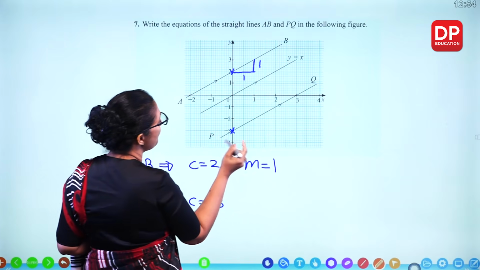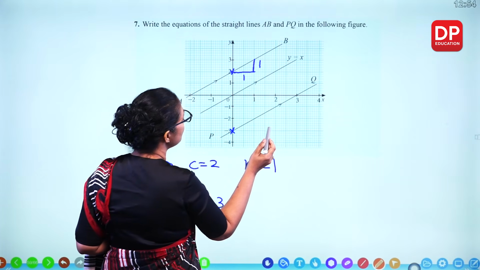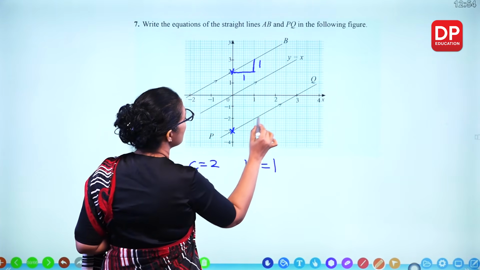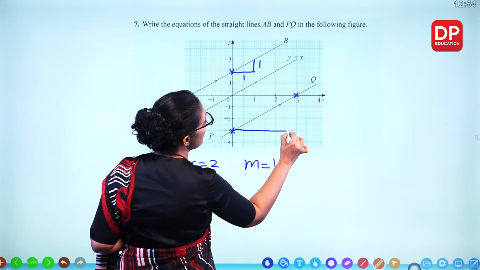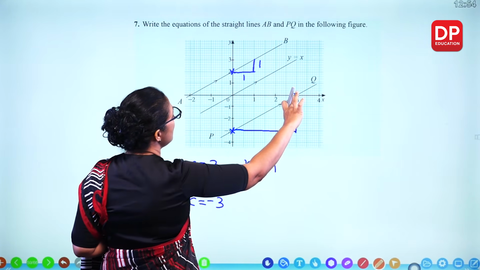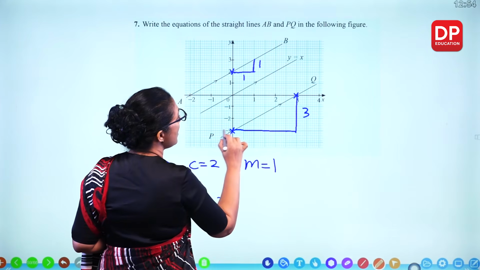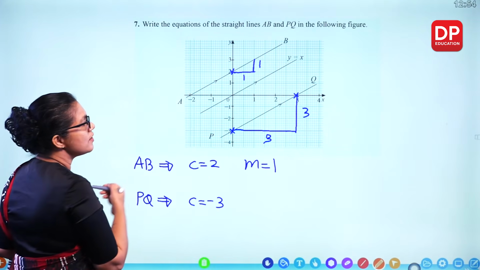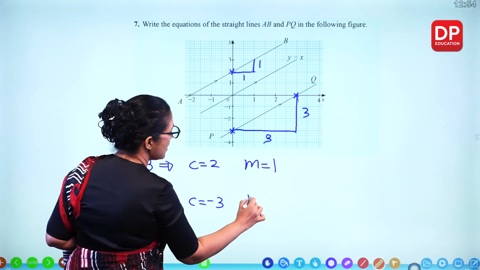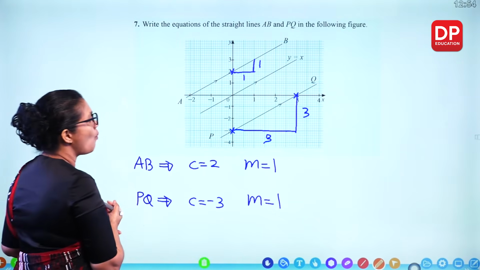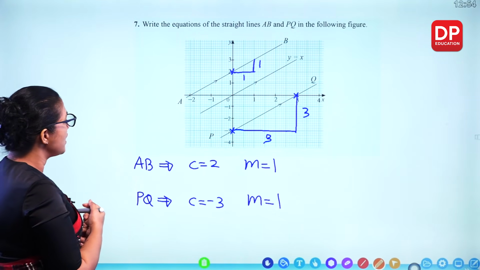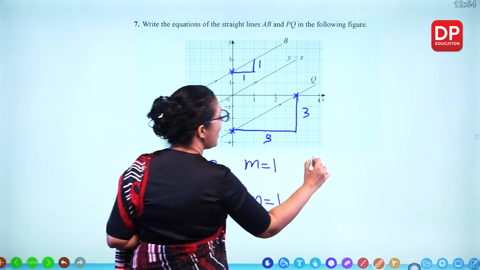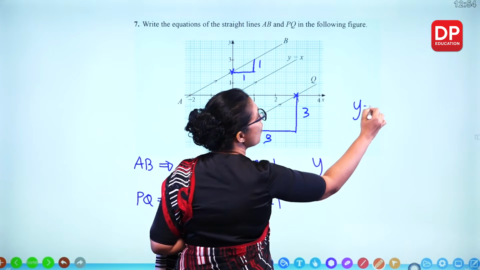Look at this one. If you take this point and this point, when you take this triangle, here 3 squares and here 3 squares. 3 divided by 3, you get m equals 1. Now, how you write down the equation? Y equals mx plus c form.